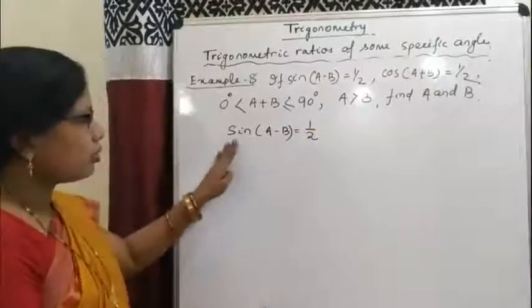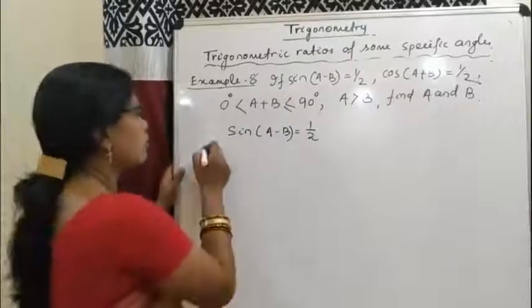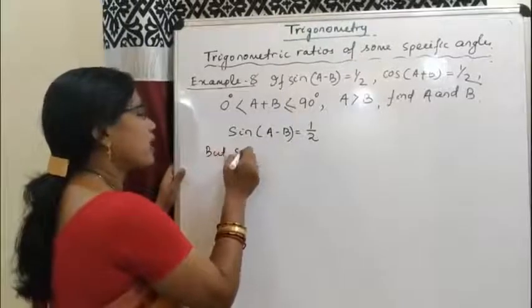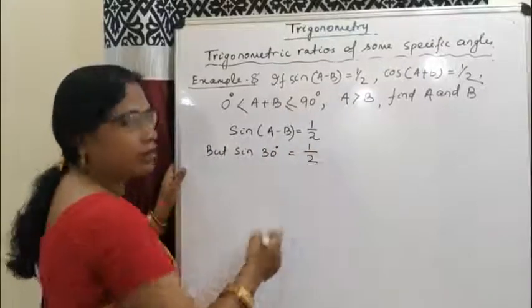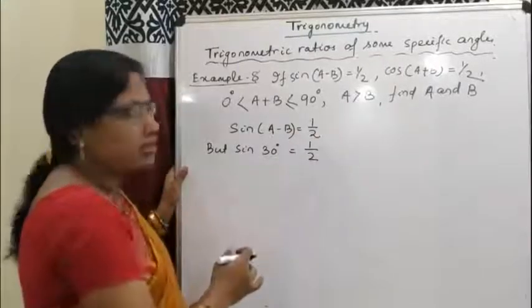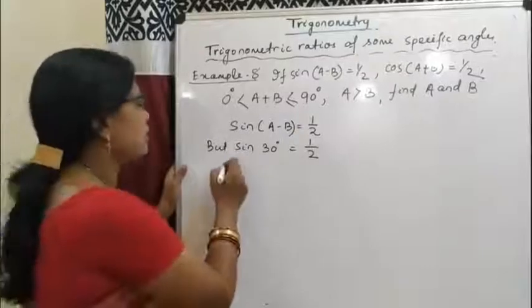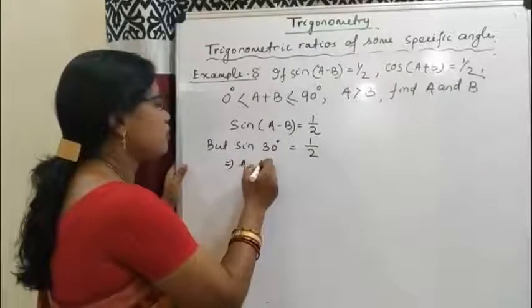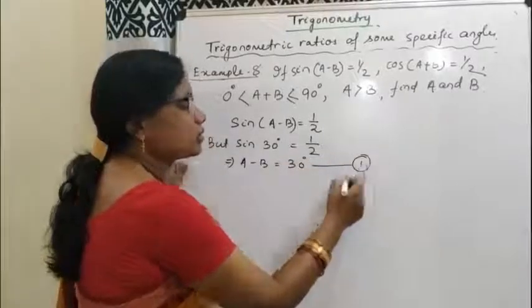We know sine 30 degree is equal to 1 by 2. So the RHS is equal, that means the LHS will be equal. That means A minus B is equal to 30 degree. This is our equation 1.